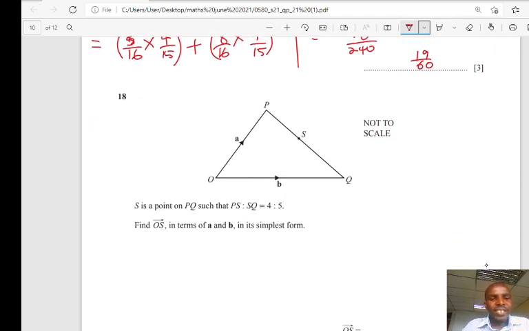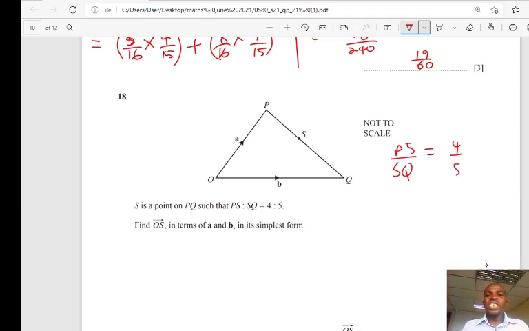Question 18. S is a point on PQ such that PS to SQ is equal to 4 to 5. Find OS in terms of a and b in its simplest form. Right, what it means, if they say PS to SQ is 4 to 5, is the same as presenting it as 4 over 5.